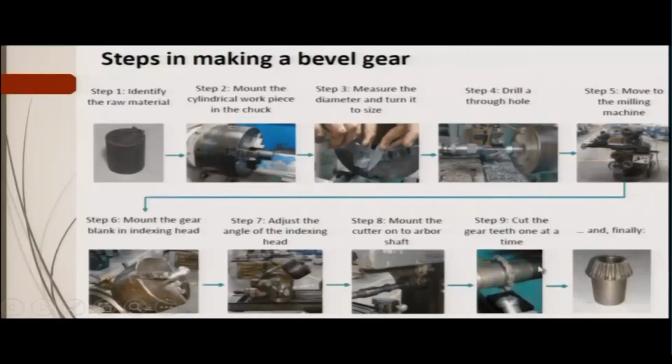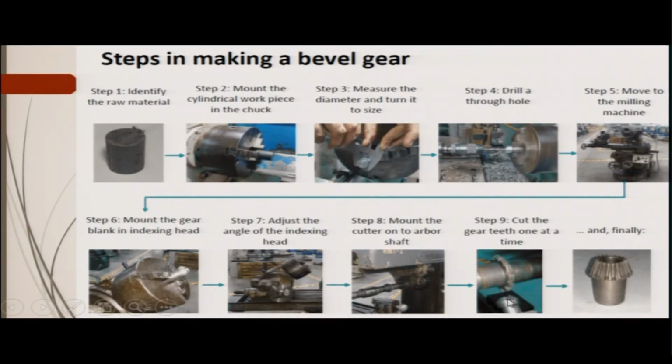Using that keyhole and the center hole, this milling cutter is mounted on the arbor of the horizontal milling machine. This attachment will be shown here in the lab, and you will be shown how this milling cutter can be mounted on the arbor. You can see in the close view that this is the cutter mounted on the arbor, and this is the workpiece that has been made in the lathe machine.